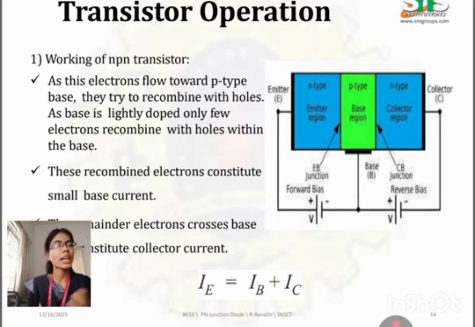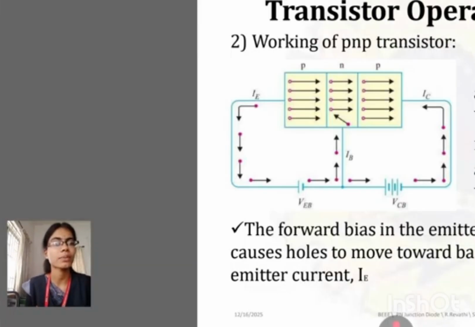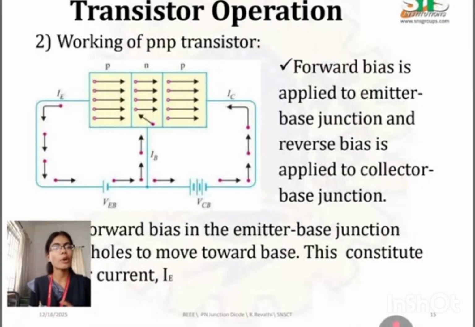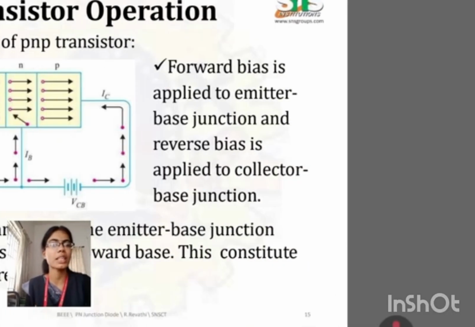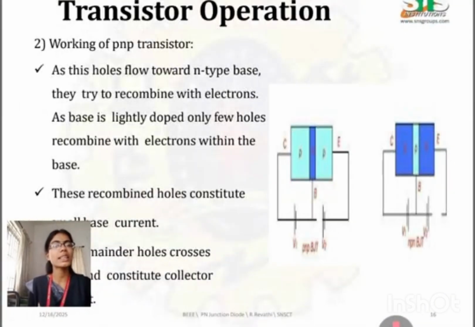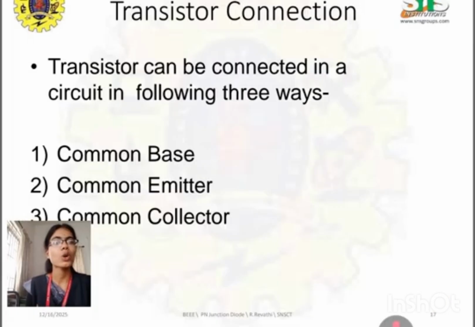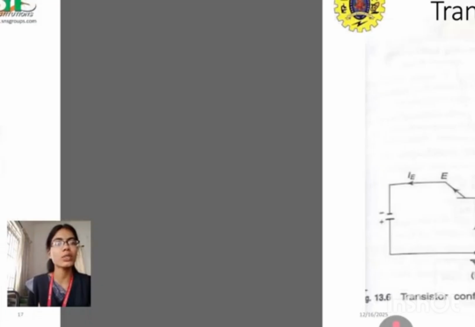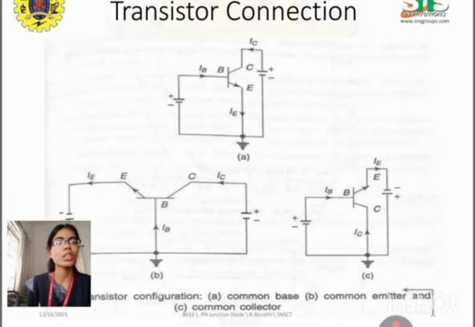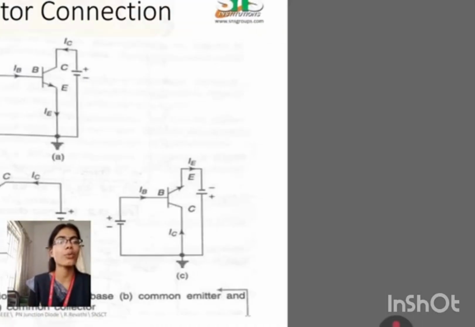As the base is lightly doped, only a few electrons recombine with holes within the base. Forward bias is applied to the emitter base junction and reverse bias to the collector base junction. Common base, common emitter and common collector are the three configurations of transistors. These are all the construction of a BJT.